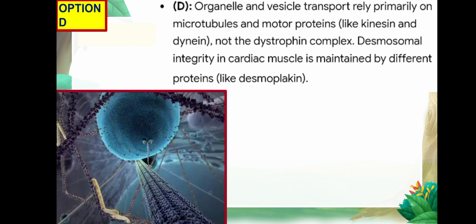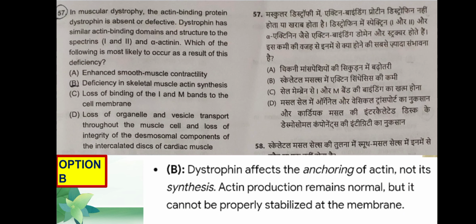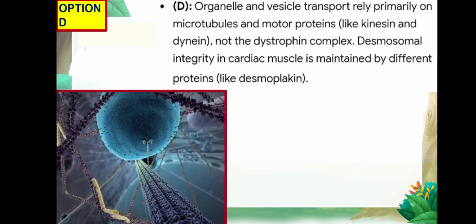And option number D: organelle and vesicle transport rely primarily on microtubules and motor proteins, isn't it? So option number D was loss of organelle and vesicle transport throughout the muscle cell. You have just seen in the video that this was responsible.